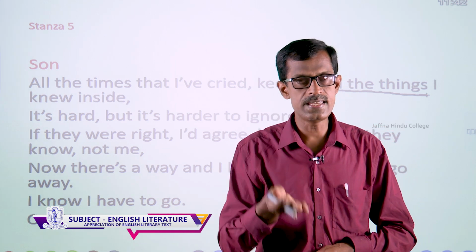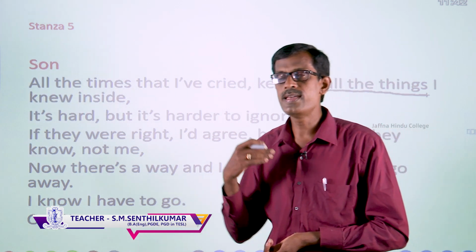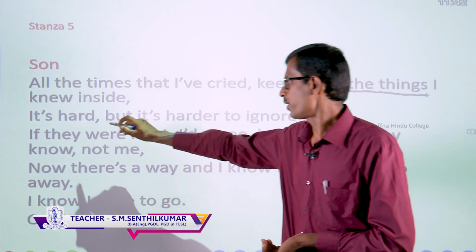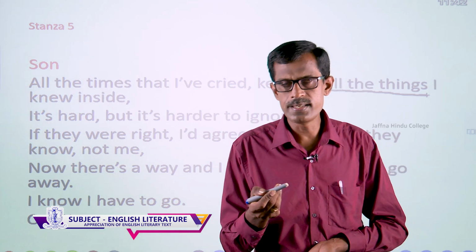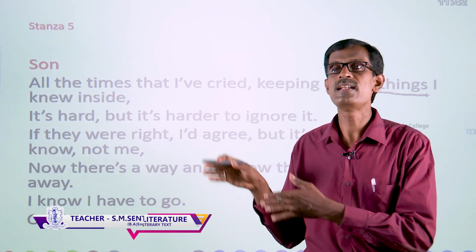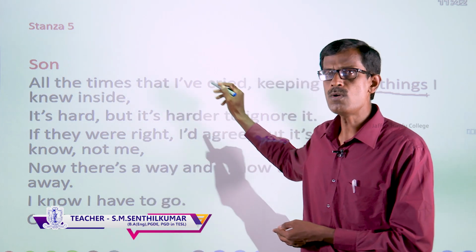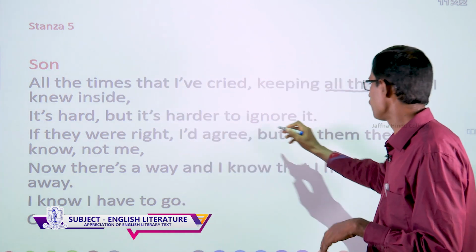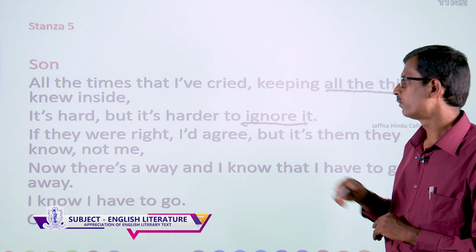If you want to achieve unexpressed desires and make them true, it is very difficult. But it is more difficult, even harder, to forget them. Ignore means forget. Have you understood that?